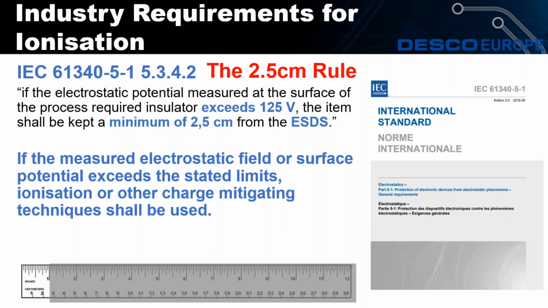I did ask you to keep the visual in mind of that printed circuit board with the ribbon cable, where you can see that that one would most certainly fall within the 2.5 centimeter rule. The ribbon cable, and most insulators, can easily have charges in excess of 125 volts. So that is where you would need to use an ionizer to neutralize any charges.